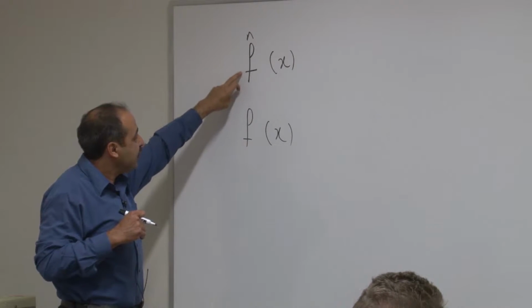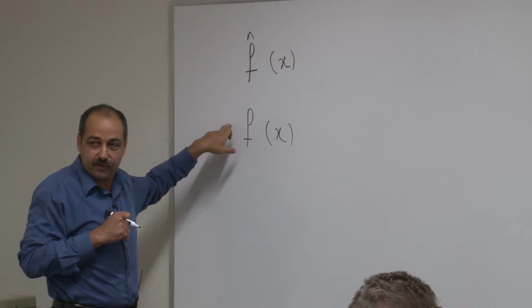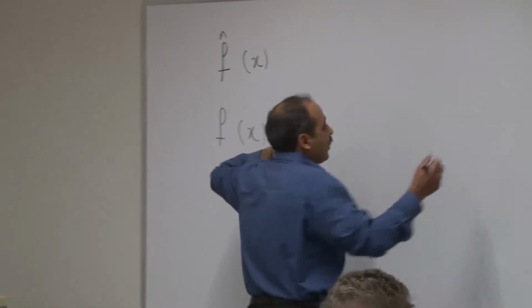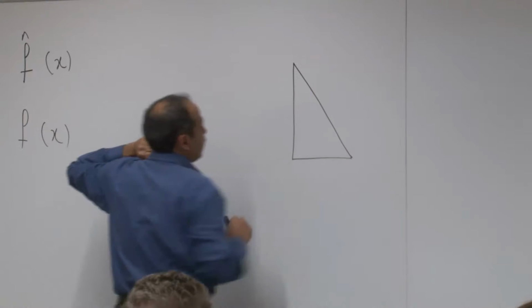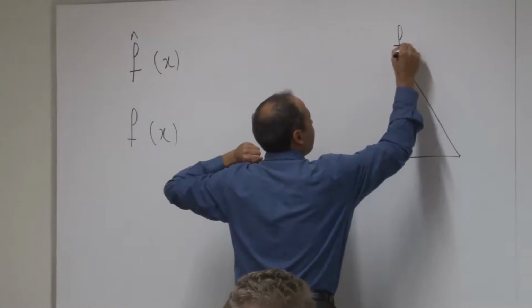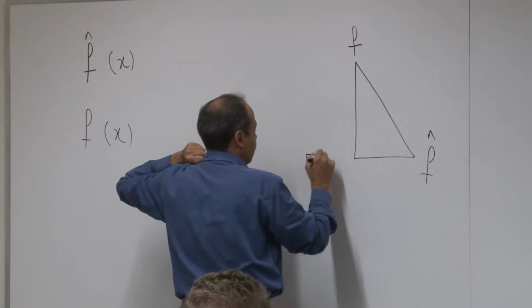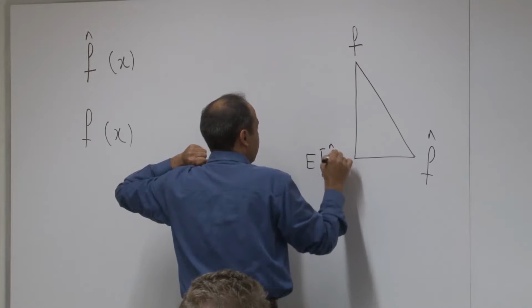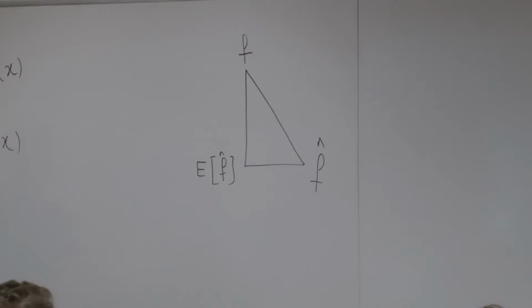And we would like f hat to be as close to f as possible. Roughly speaking, you can think that there is a relation between f, f hat and the expectation of f hat, and they make a triangle.